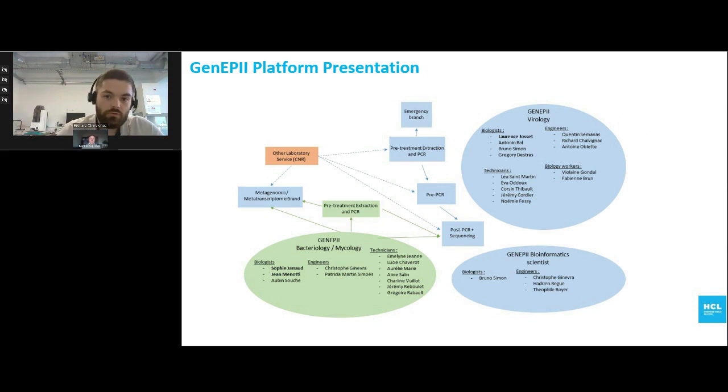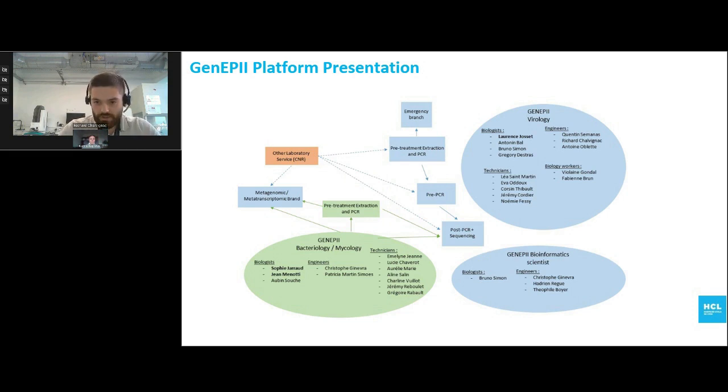You can see in blue the virology part, composed of biologists, engineers, technicians, biology workers, and also a team of bioinformatics scientists. You can see the whole workflow that we are working on in blue. And you can also see in green the bacteriology mycology part, which is another team of the GenEpi platform, composed also of biologists, engineers, and technicians. Basically, both teams are sharing the same infrastructure and the same labs.